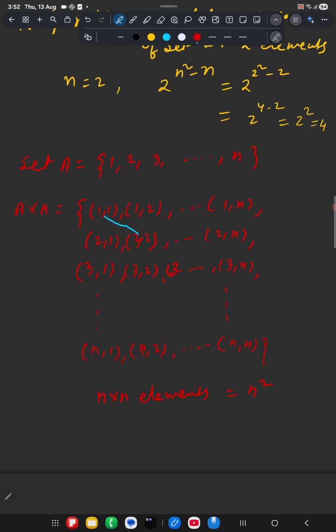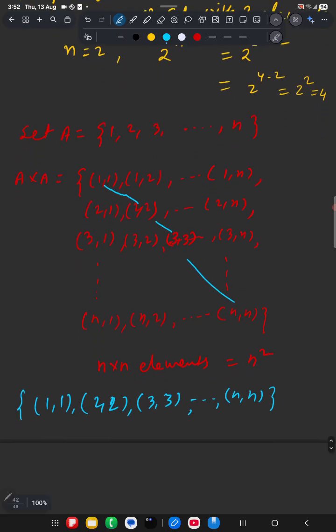I should write 3 3 also, yes. If you move diagonally you will reach here. These are the elements which make your relation reflexive, yes or no? Agreed? These are the basic elements for a relation to be reflexive.